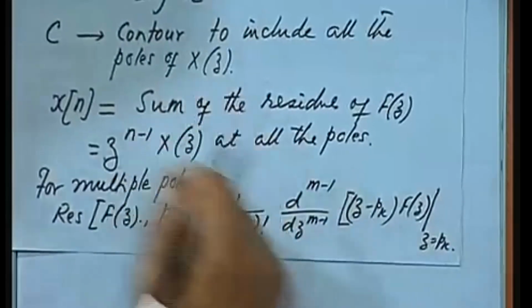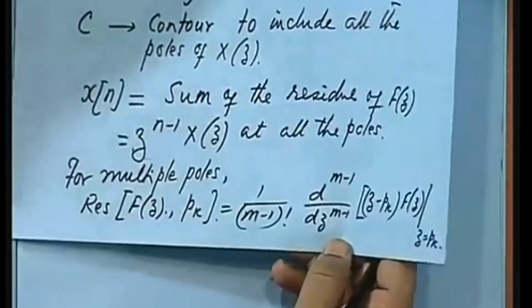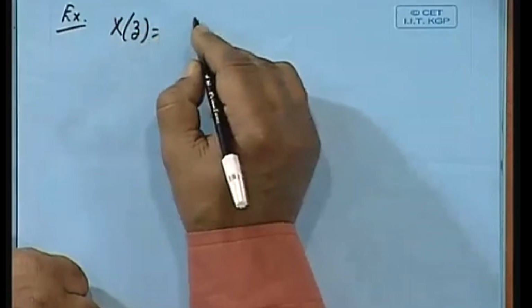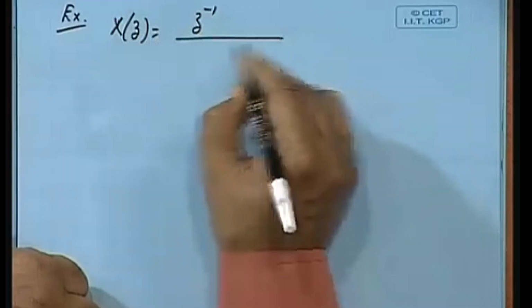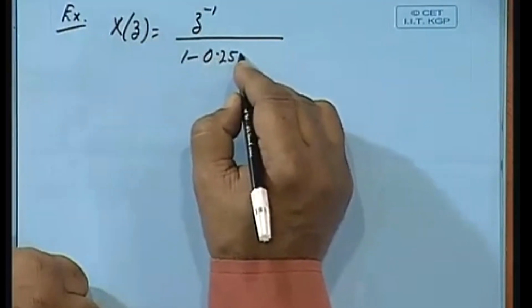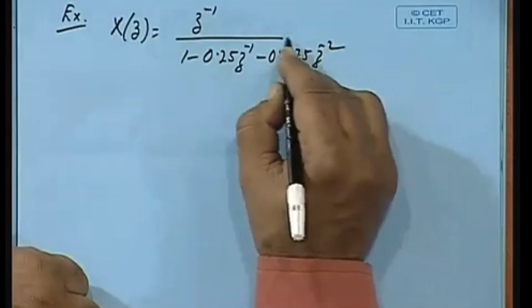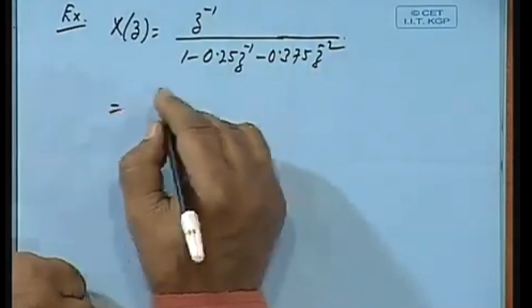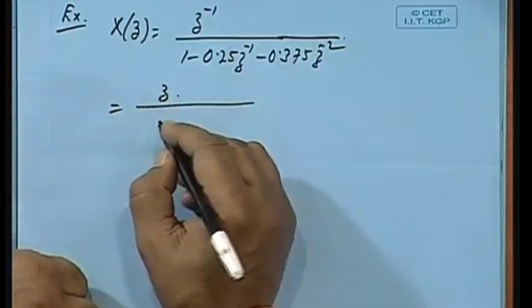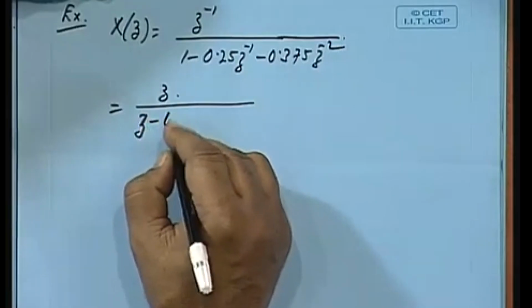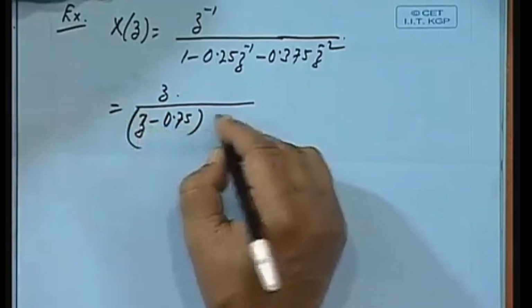Let us see with an example how this can be applied. Let us take the same example we took last time, X(z) equal to z inverse by 1 minus 0.25 z inverse minus 0.375 z to the power minus 2. So, this will be z by (z minus 0.75)(z plus 0.5), these factors we got last time.